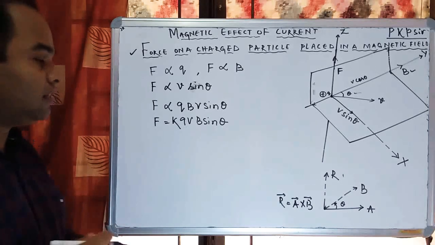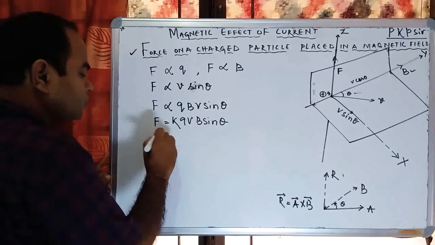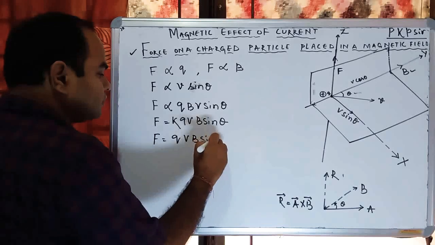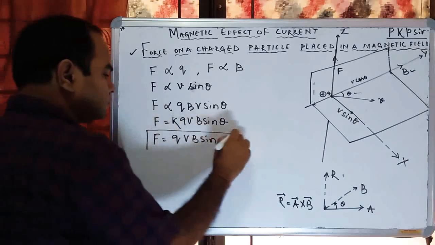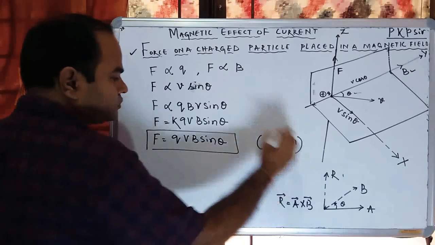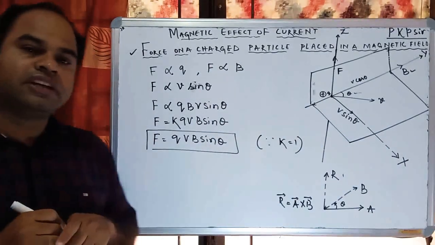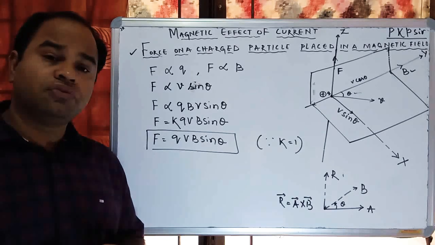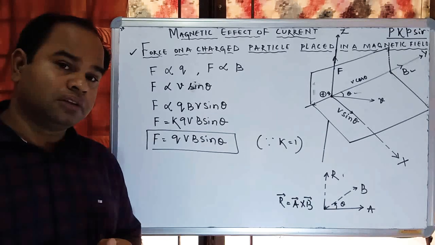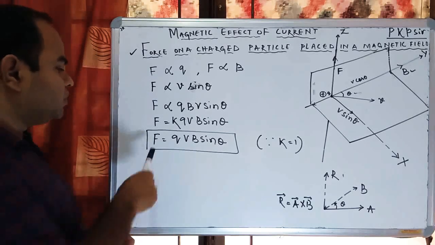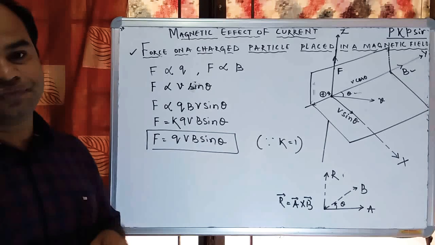So we can write F is equal to Q V B sin theta. Okay, we can say when a charged particle Q moves with velocity v in a uniform magnetic field B, then it experiences a force which is given by F is equal to Q V B sin theta.